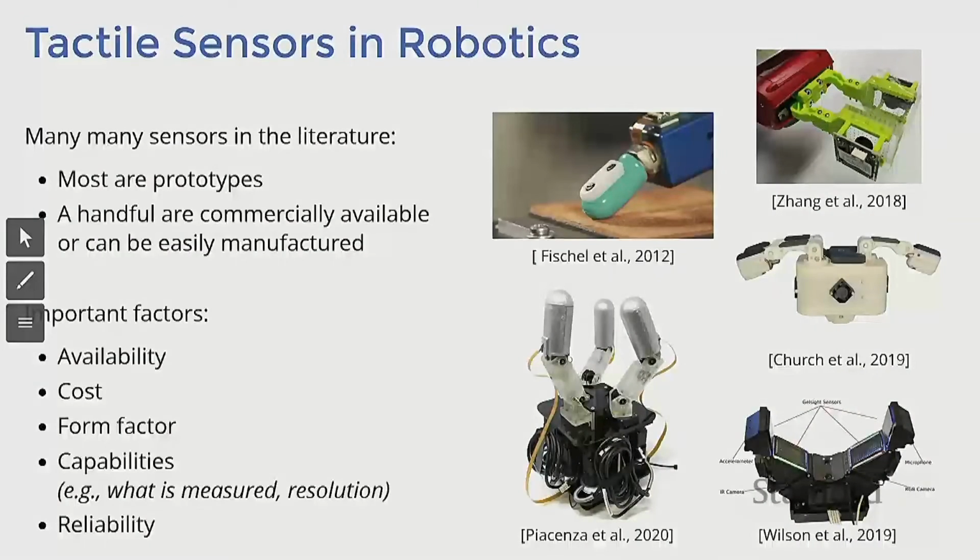Hardware, tactile sensors in robotics, is a field that has hundreds, maybe thousands of sensors out there. Mark probably has made hundreds of them in different ways alone. But essentially, if you look at the literature, there is really a huge plethora of potential tactile sensors.